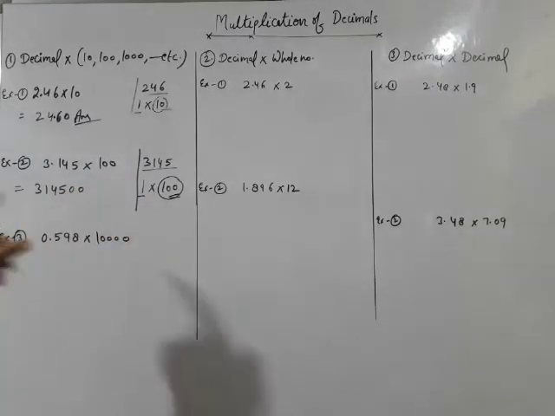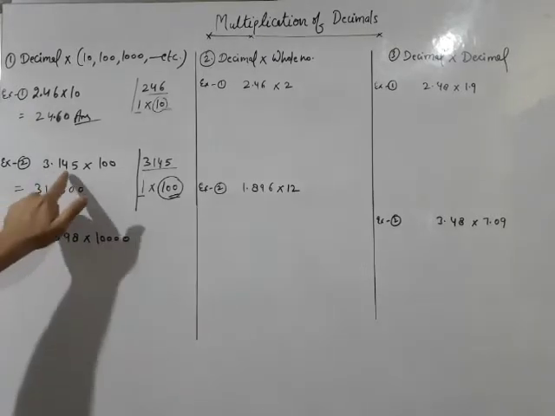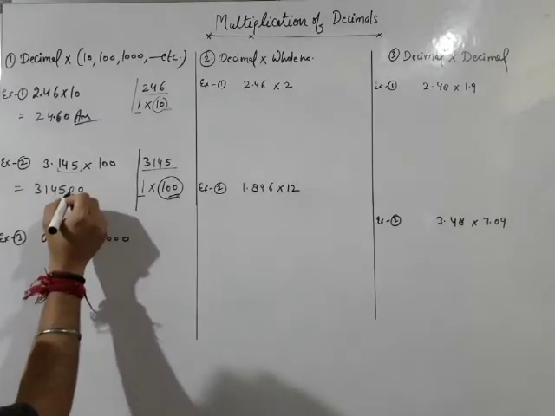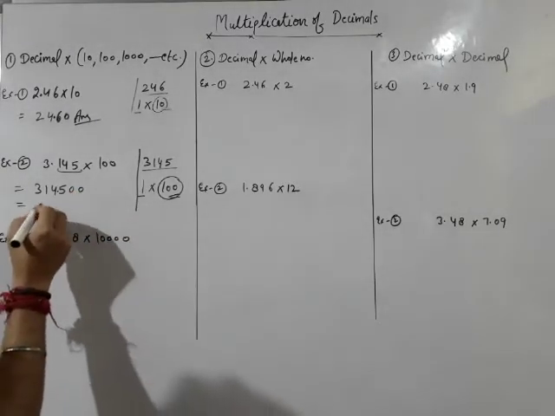But still this answer is not completed. We have to place this decimal point, and this decimal point is placed after 3 digits. So we will place our decimal point after 3 digits: 1, 2 and 3. Here will be your decimal point.